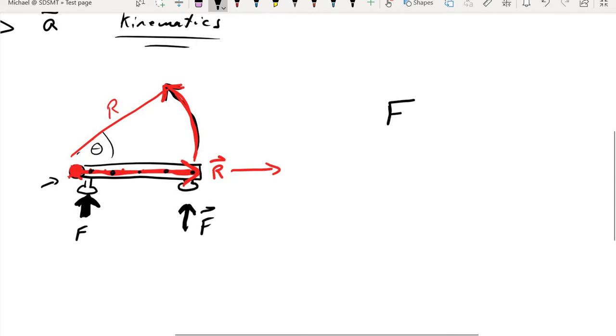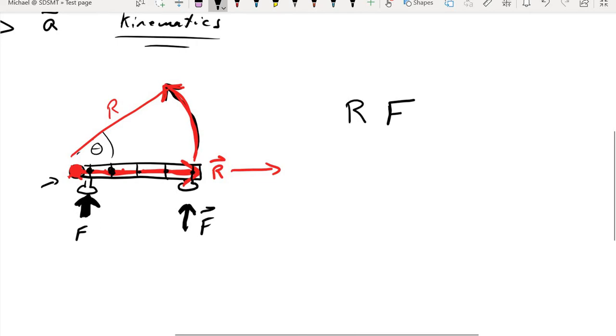Obviously, the more force we apply, the more rotation we're going to get out of the system. But that rotation is also going to benefit from our being as far away from that pivot point as possible. And so the larger the value of R.